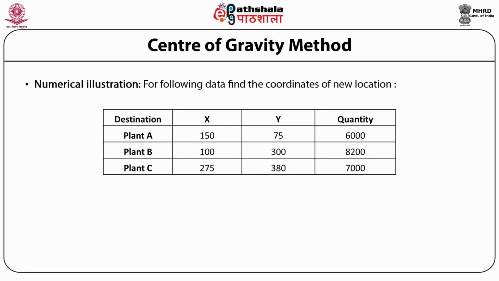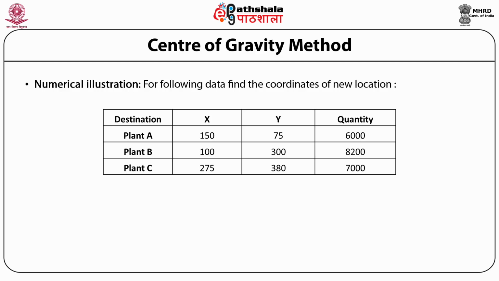The following table indicates the x and y coordinates of three locations: plant A, plant B, and plant C. Quantity being shipped from these three locations is also given. Quantity to be shipped from plant A is 6,000. Quantity to be shipped from plant B and plant C is 8,200 and 7,000 units respectively.